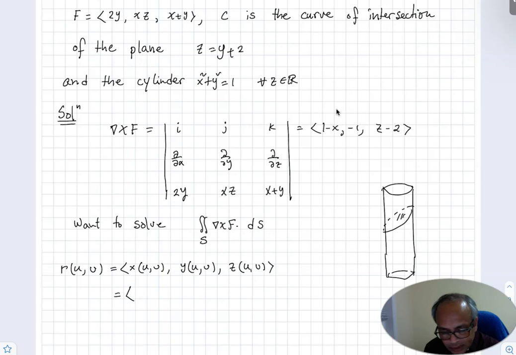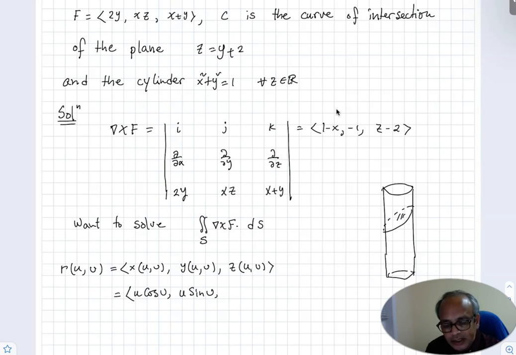I'm going to think of this as u cos v, u sin v, and then z I'm going to find somehow from the given surface.